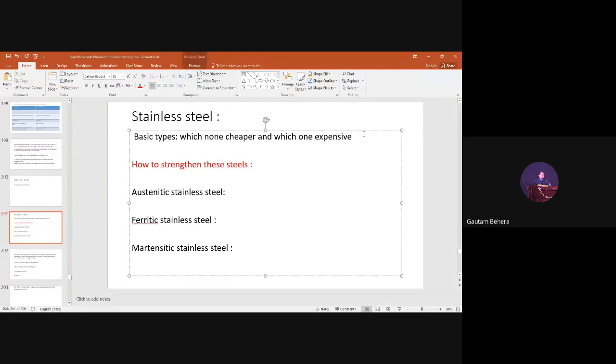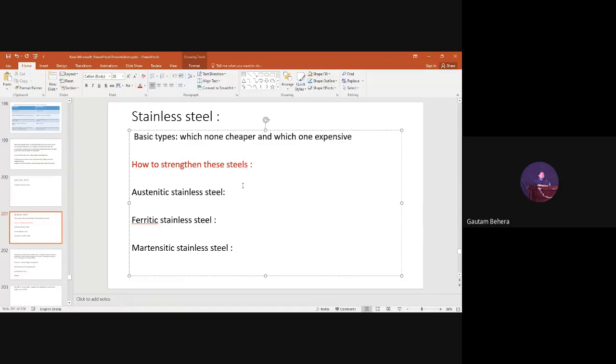And you can see the basic types of stainless steels, we can categorize into 4 categories. Some people also classify into 5 categories. So basically we have ferritic stainless steel, austenitic stainless steels, martensitic stainless steels, and precipitation hardenable stainless steels.